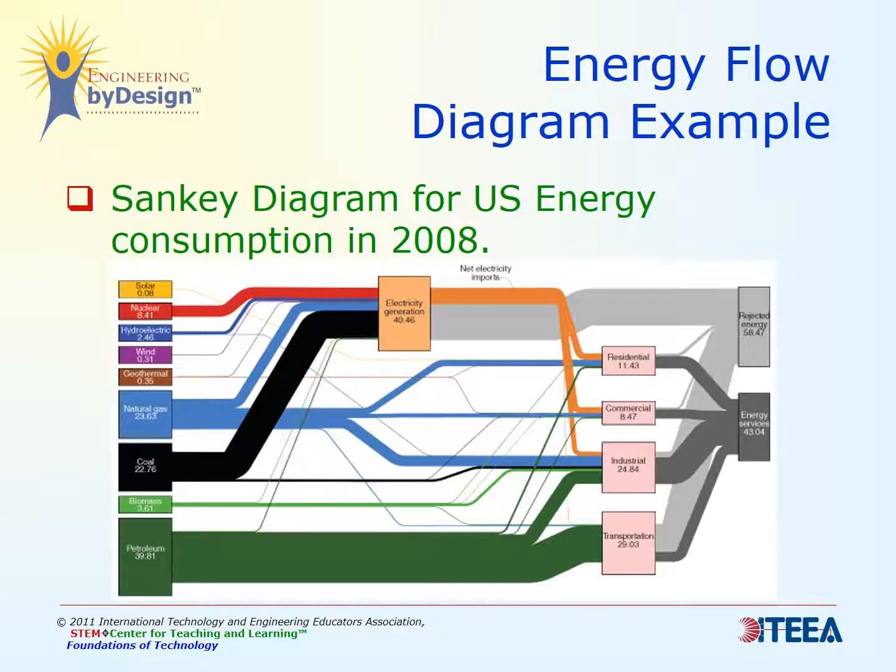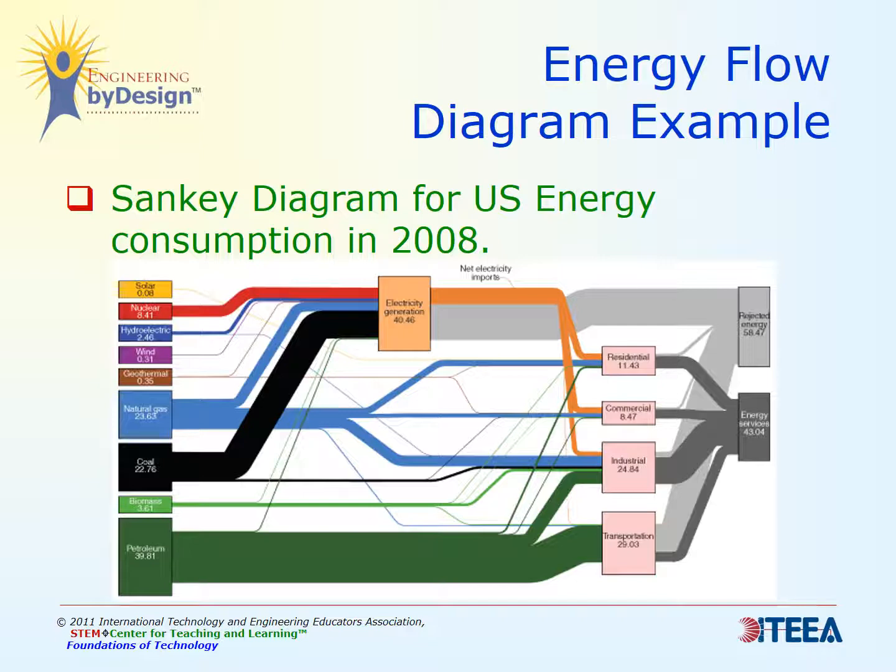Natural gas is the second largest at 23.63%. Coal is the third largest at 22.76%. Now this is for 2008.